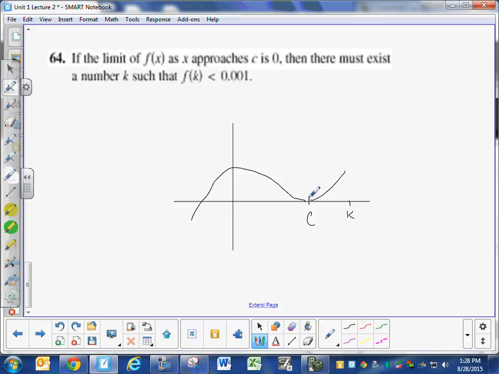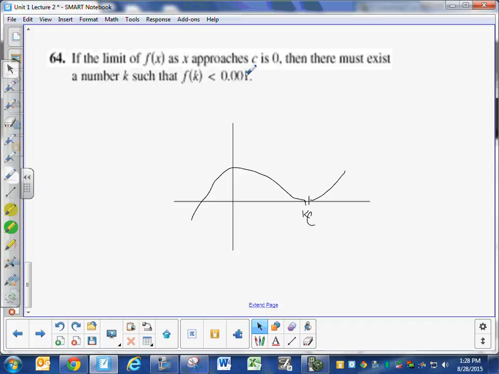Okay? Now, that means if I go really, really close to C, Mr. Wolf, what are my y values going to do? Smaller and smaller, closer and closer to 0. Do you think I could go close enough to C so that my value is going to be less than 0.001 for my y value?